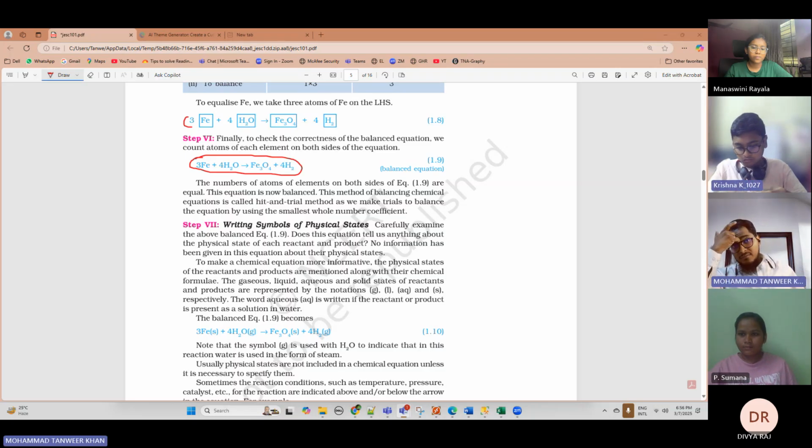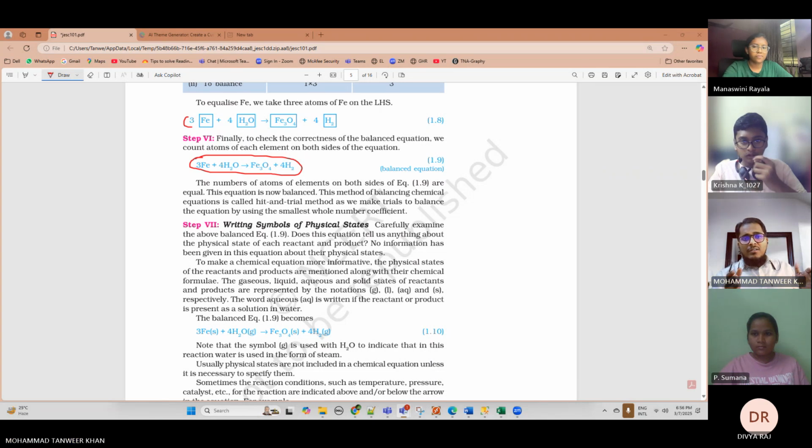You remember it? Sumna, you remember it? Yes, sir. So now in the chemical equation, we should also mention what? The physical state. And what are the physical states? It is solid, it is liquid, or it is gas. So we have to mention it. Got it? Yes, sir.